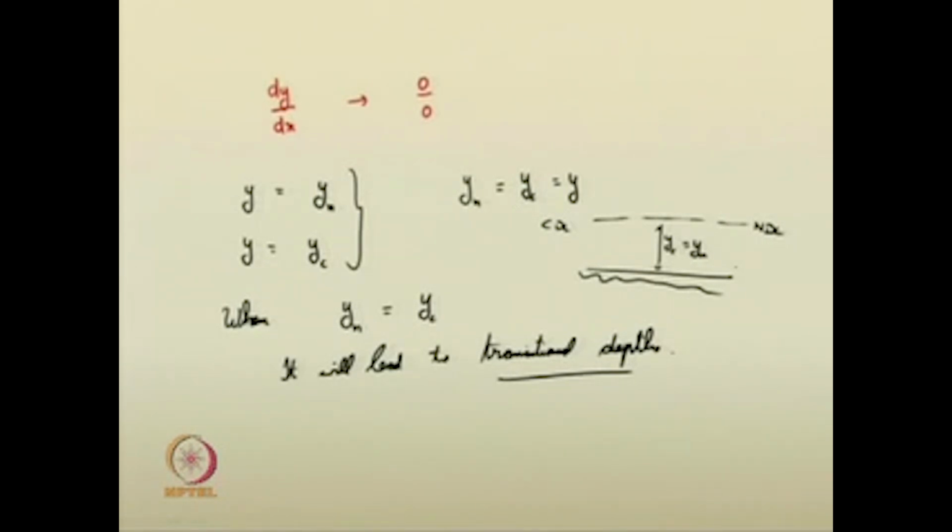So, what are the transitional depths? Whenever y n is equal to y c, the corresponding profile will give you the transitional flow profiles. For prismatic channels, the critical depth line as well as the normal depth line are straight.